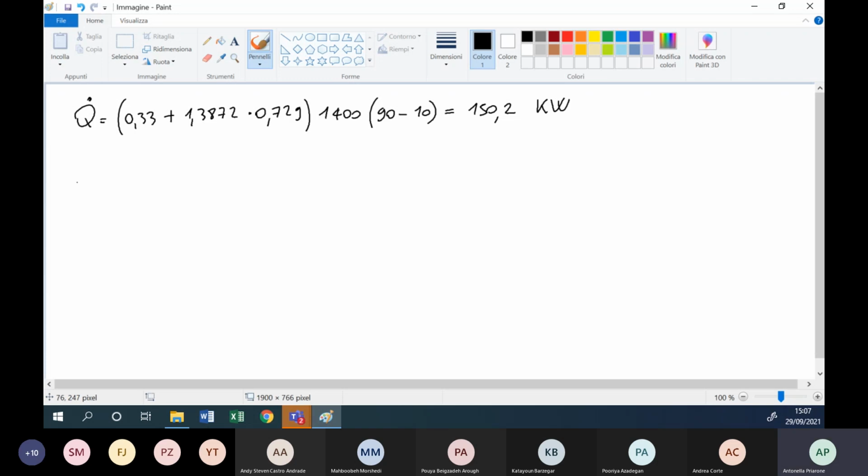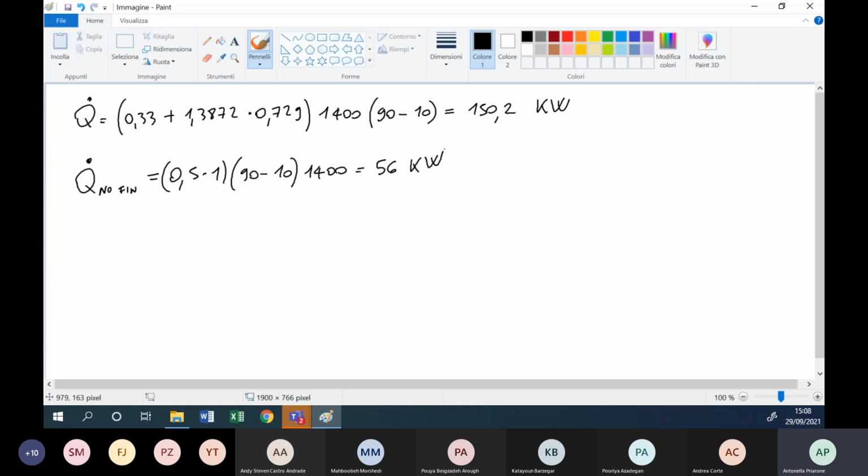Now I want to compare, for example, the case of no fin, the transfer rate for the no fin. And this is equal to the area, 0.5 by 1, by 90 minus 10 by 1,400. And I obtain 56 kilowatt.